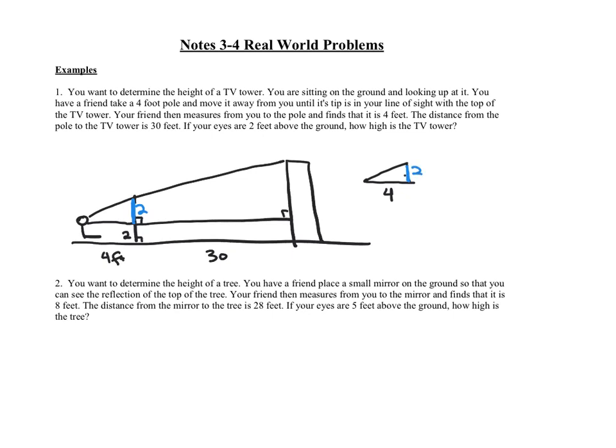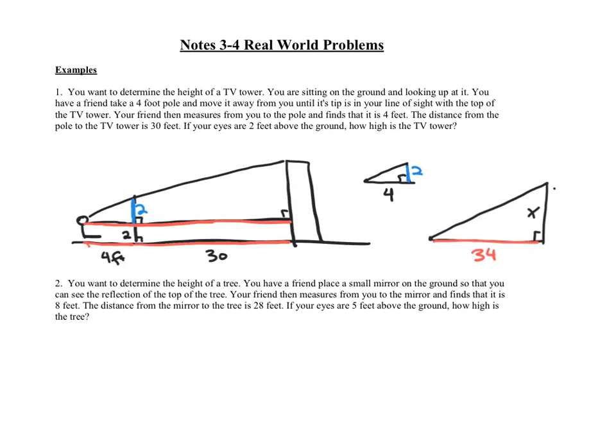The other triangle that we have comes from your line of sight all the way to the top of the TV tower. And we know that we don't know how tall it is, so we'll call that x. But we do know that the distance from you to the TV tower is this distance 4 and the distance 30. So that matches up with this side of the triangle here and makes it 34.